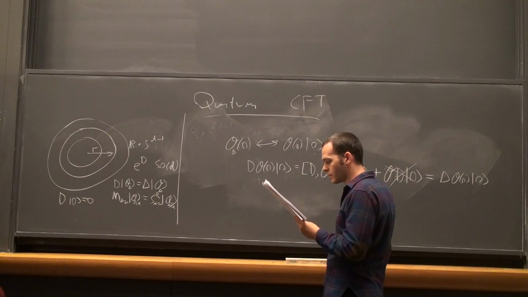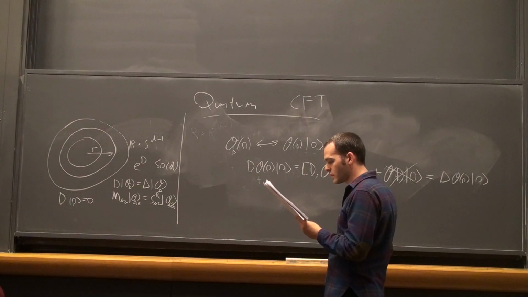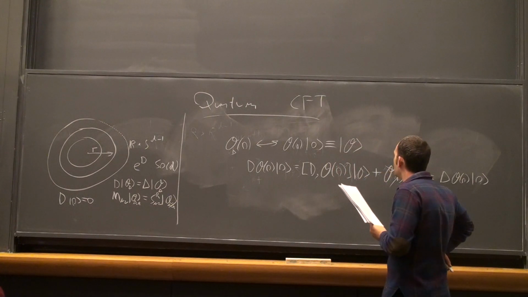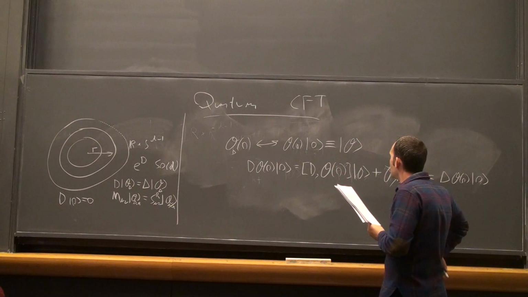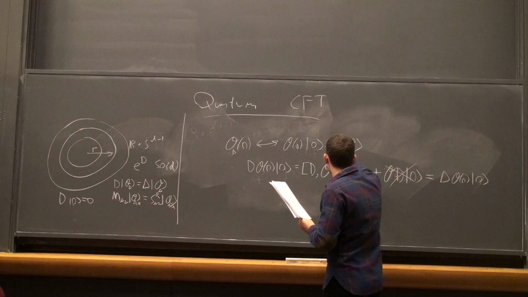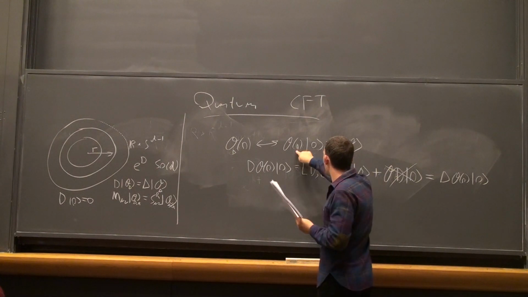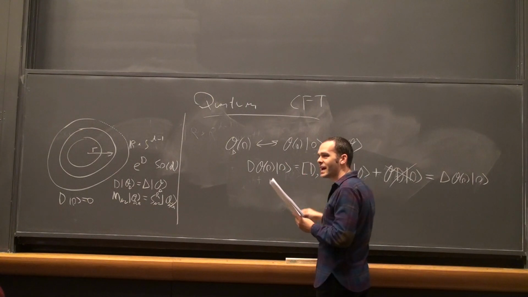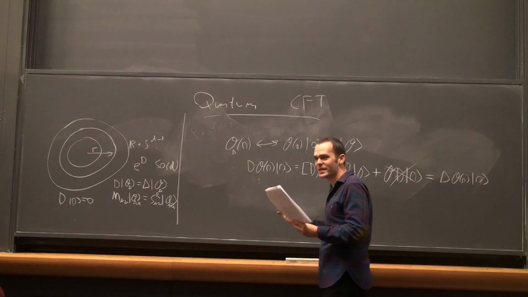That is, the overlap of this state with any other state, with some operator inserted, is calculated by this Euclidean correlator where you insert O at the origin and whatever other operators you sprinkle around the sphere outside. Yeah, but I do think it is standard to identify the state with the operator acting on the vacuum. Perhaps you have to be a bit careful when you do that, but I do think that is the standard.